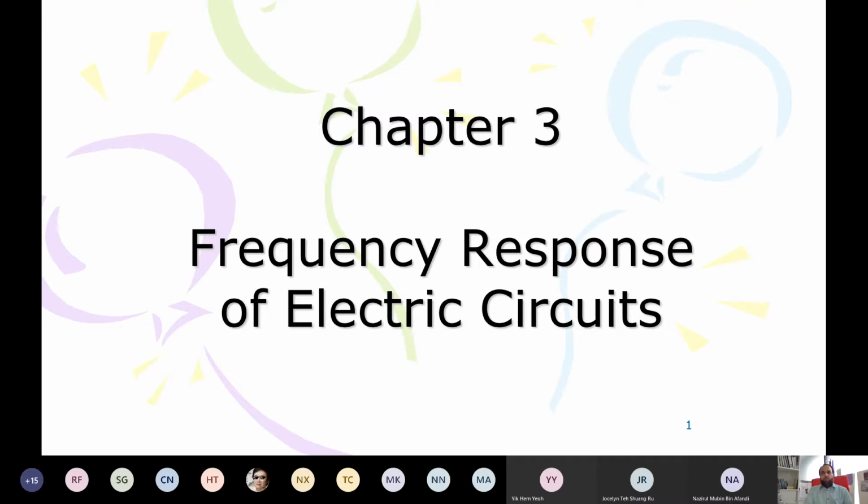For certain circuits it is possible to have an uneven distribution. Suppose omega naught is 100, omega 1 could be 95, and omega 2 could be 120. So on one side the difference is 5, and on the other side the difference is 20.